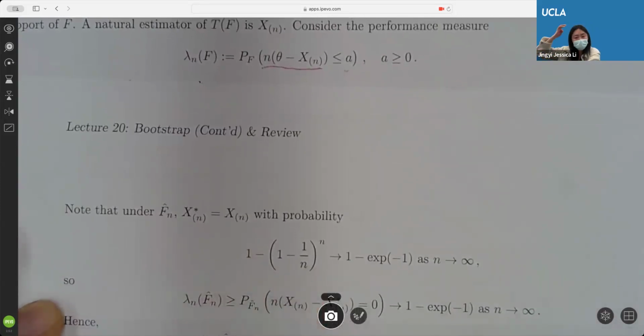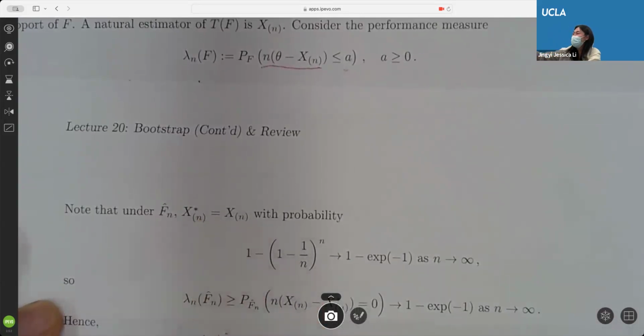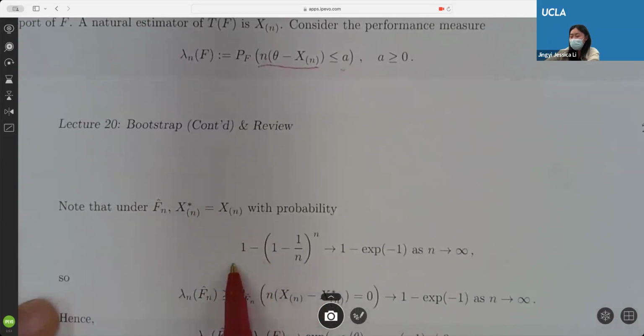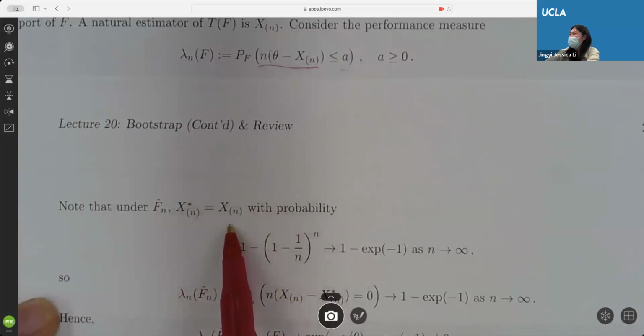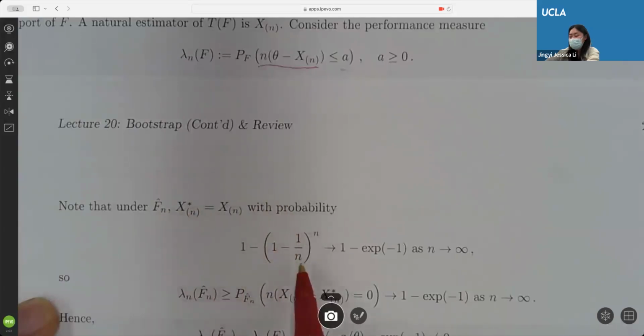This can be calculated by assuming it can be any one of them with probability 1 over n, and then you calculate the probability of other things other than that.